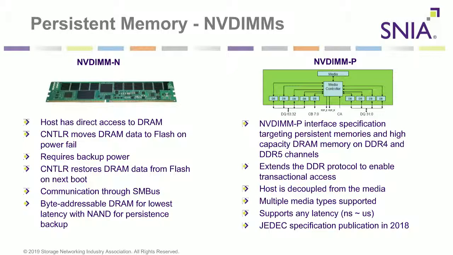In NVDIMM-N, only DRAM was getting exposed to the OS. The flash in the back end would not get exposed to the OS. But in -P, both will be available to the OS to be used.